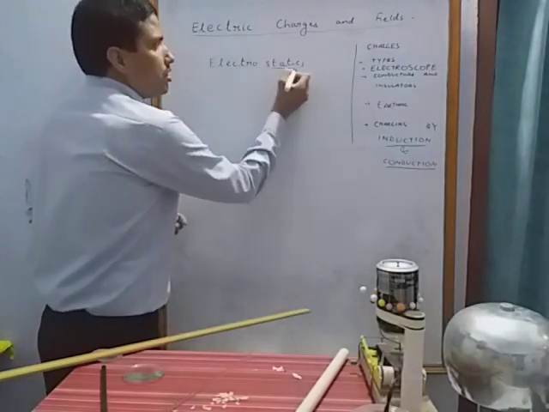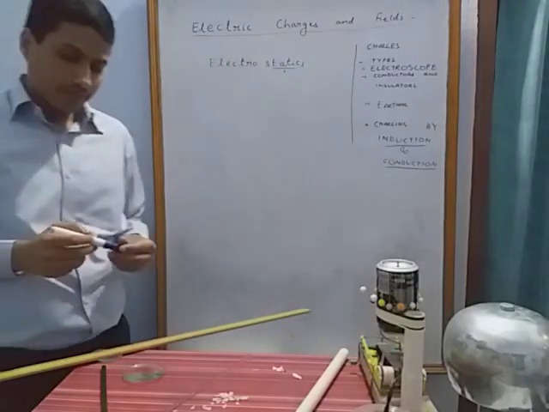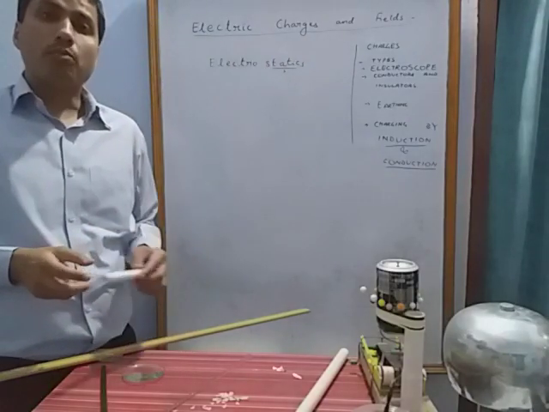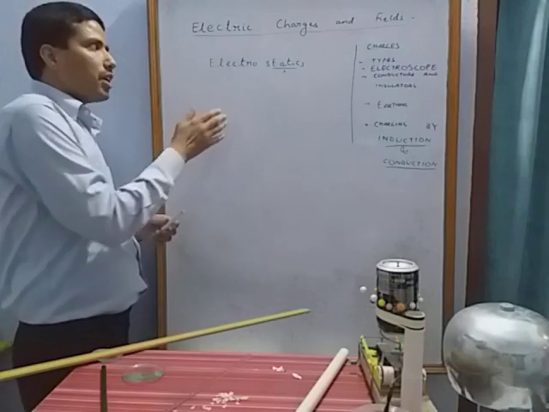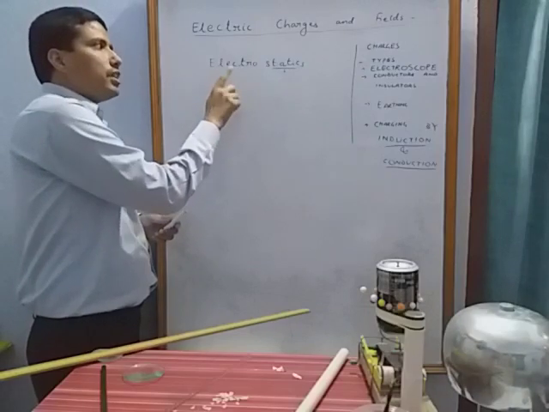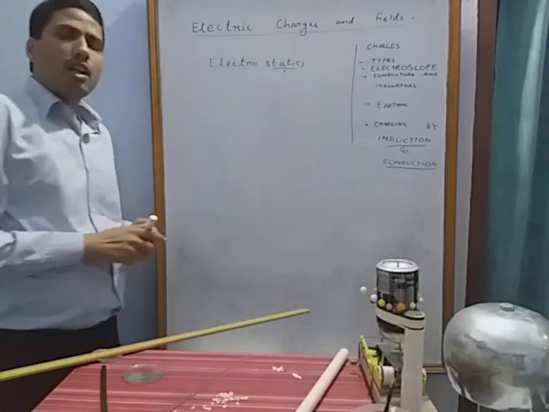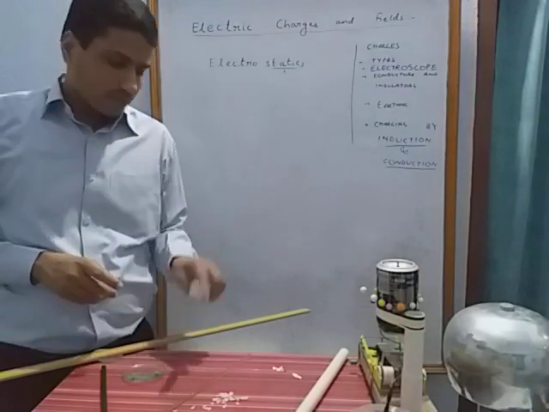Statics deals with the study of objects at rest. Here we don't deal with the objects, rather we discuss the charge on them. So the branch of physics that deals with the study of charges at rest is called electrostatics.